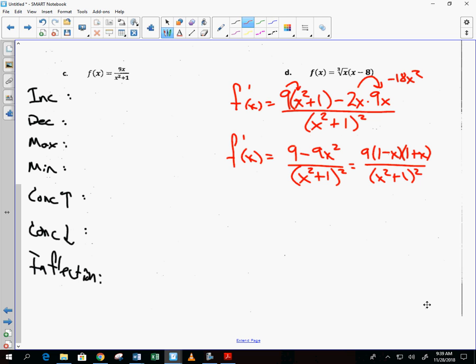Do you agree if the top is positive, the whole thing is positive? Do you agree if the top is negative, the whole thing's negative? So I know what that top looks like. Even though the whole graph doesn't look like this, the top looks like a function of a parabola that's upside down that goes through negative 1 and positive 1. So somebody tell me, where is this function increasing?